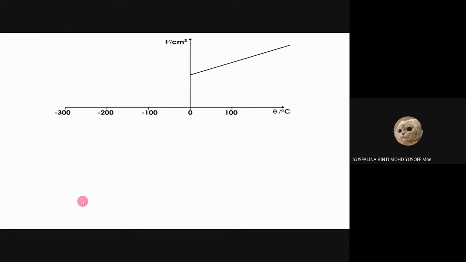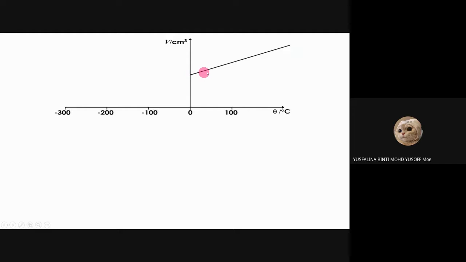Okay, how about the graph? So for the graph, volume against theta, the temperature. If it's in degrees Celsius, the graph should be increasing linearly.